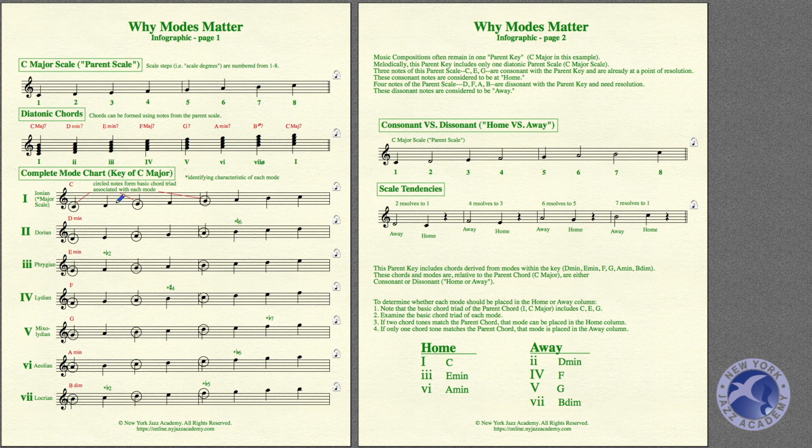Each of these scales includes the original chord, so like the 1 chord here corresponds with this scale. You can see the notes from that chord. Here's the C, then the E, then the G. It's pretty clear, right? So the circled notes form the basic chord triad associated with each mode, right?